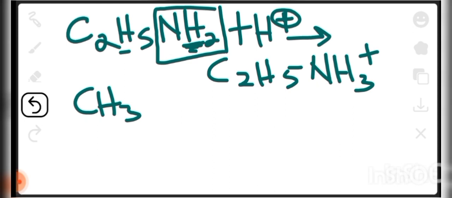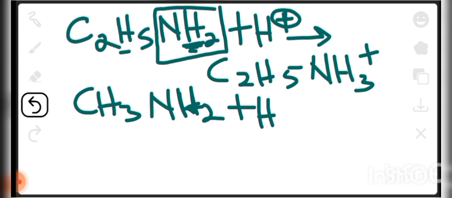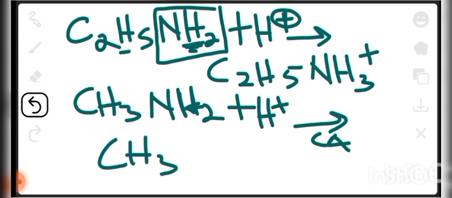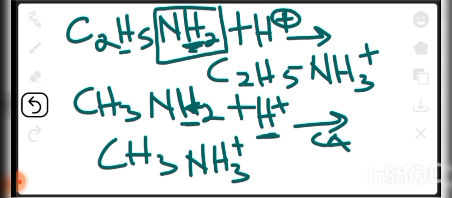If you want to do CH3NH2, you want to find the conjugate acid of this, just add H plus. So the conjugate acid becomes CH3. CH3 is a compound, methyl, then NH. This H2 plus this H, that will be H3 plus. This will be the conjugate acid of that. So that's how you do those ones.